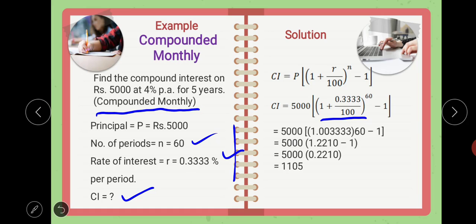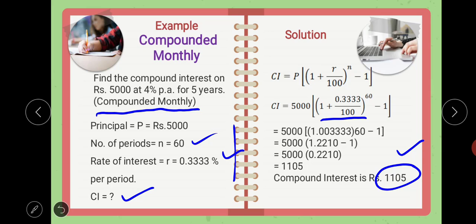This will be 1105. So compound interest is rupees 1105. So this will be increased slightly. This will be more than the compounded half yearly and compounded quarterly. So in this way, when the compounding period is reduced, then the compound interest will be increased.